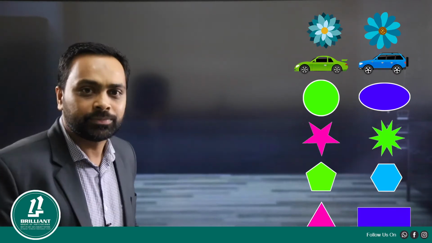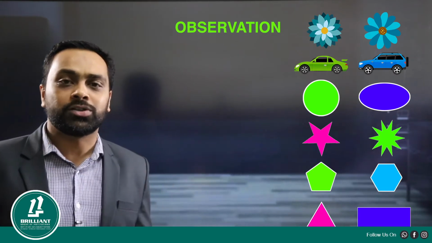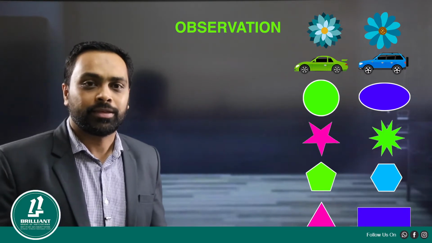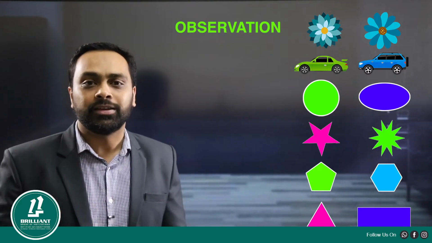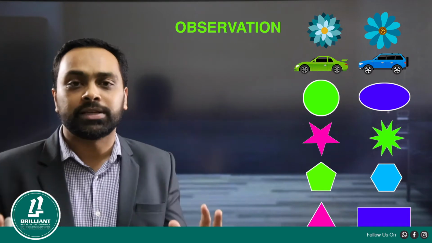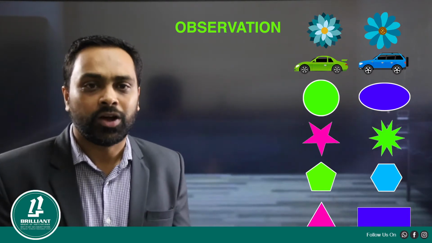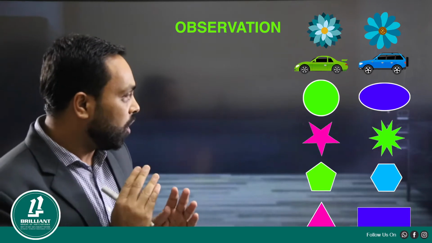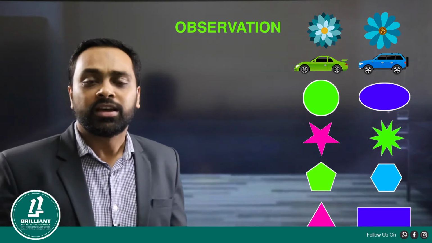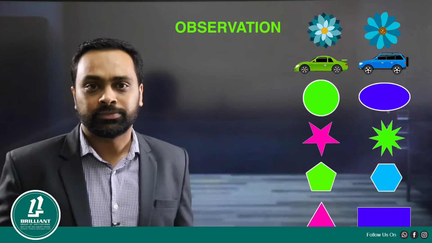In general, what observations are you getting from here? Yes, we can observe that all the pairs of objects are different in shape. Am I right?